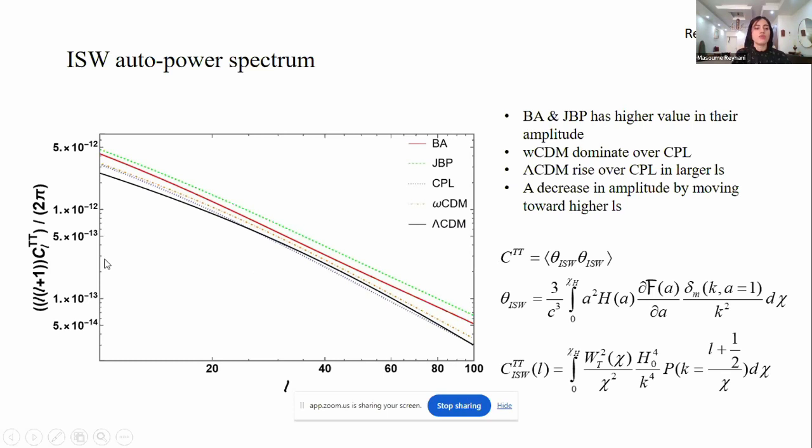As you can see, by moving toward higher Ls, we see a decrease in the amplitude of all models. The JBP and BA dominate over the other three cases. Interestingly, wCDM, which is a constant one, dominates over the CPL model. And also, moving toward larger L, we can see that Lambda CDM is rising over the CPL model too.